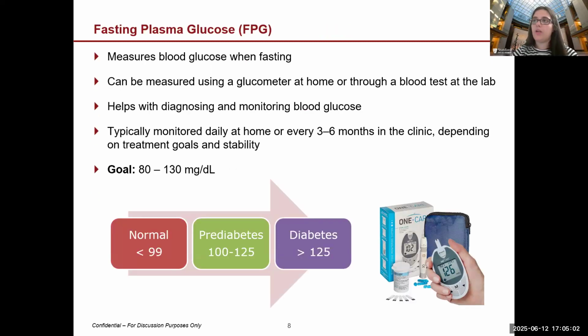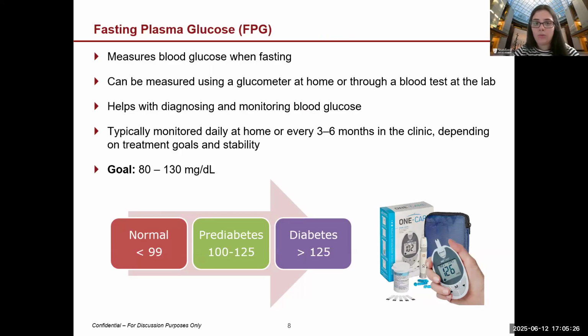So first, starting with fasting plasma glucose or fasting blood sugar, which I'm sure if you have diabetes, you are well familiar with. What it does is measure your blood sugar when fasting, so before you have any meals. It can be measured using a glucometer, as you can see in the picture at the bottom.